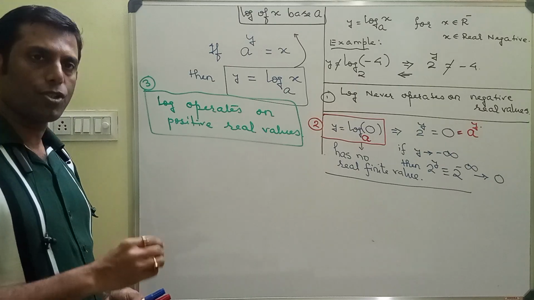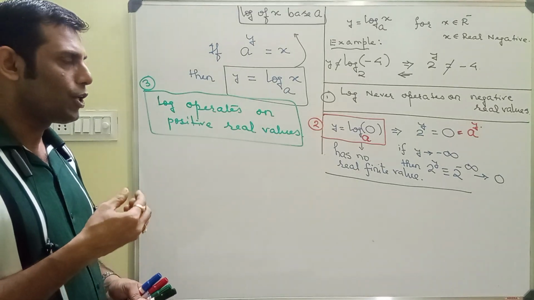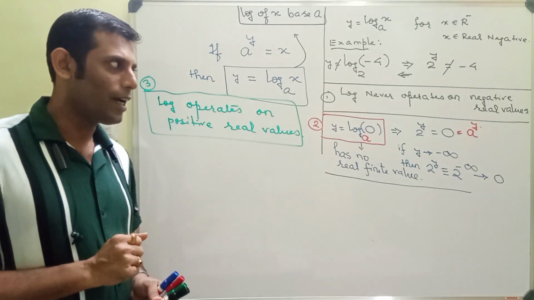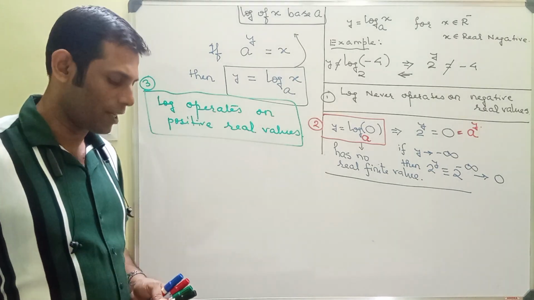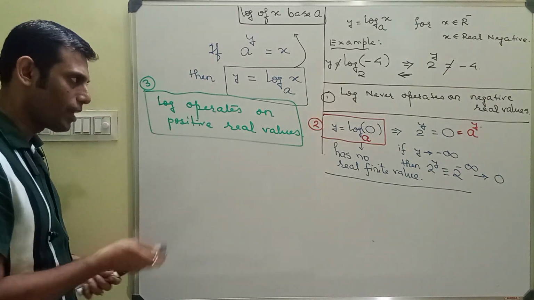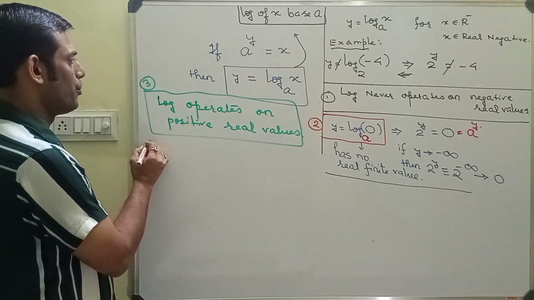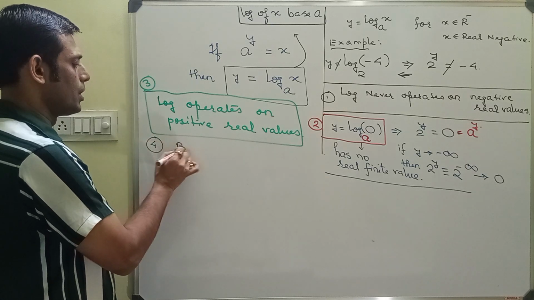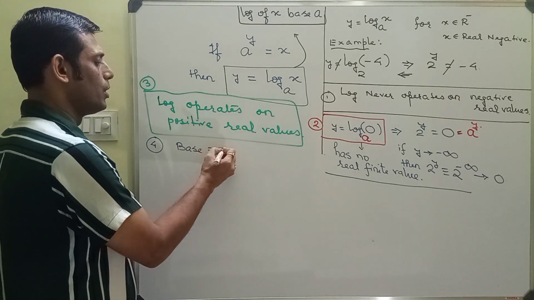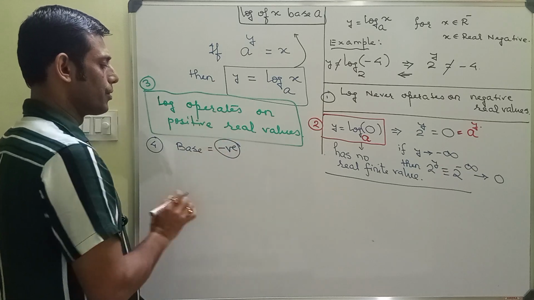Now, let's take some specific values of the base and let's play with the log operator once again. And we can do it right here. Let's take point number 4. Let's take a base which is negative. Base equal to negative real number.